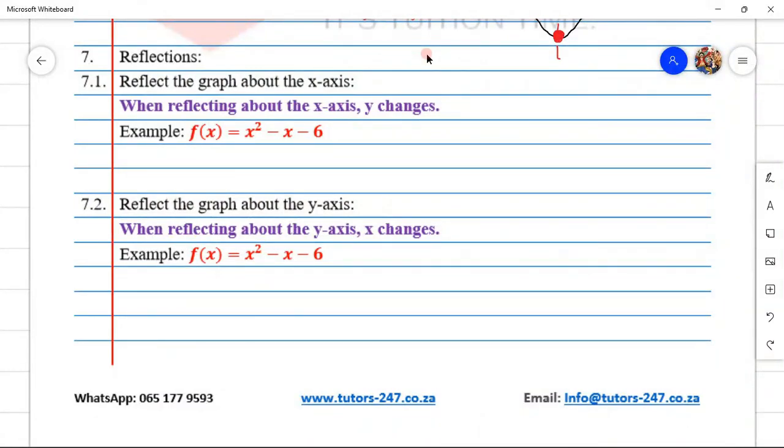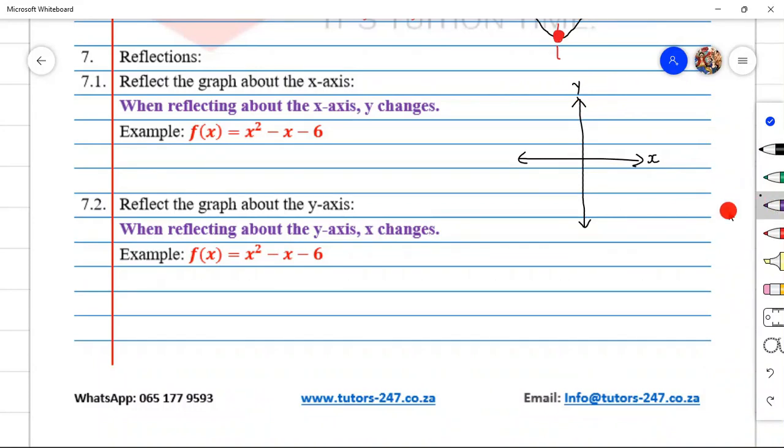7.1. Reflect the graph about the x-axis. So if we were to reflect our graph about our x-axis, that will result in a change in our y values. So let's just quickly draw our axis. So if we have our graph f, let's give it a positive shape.